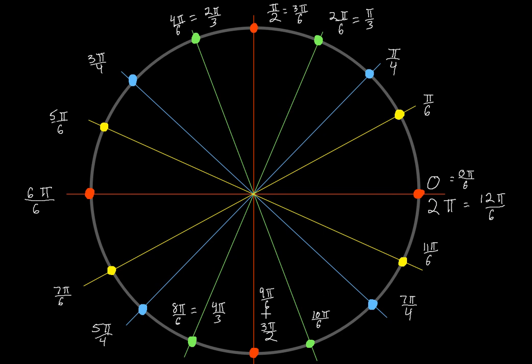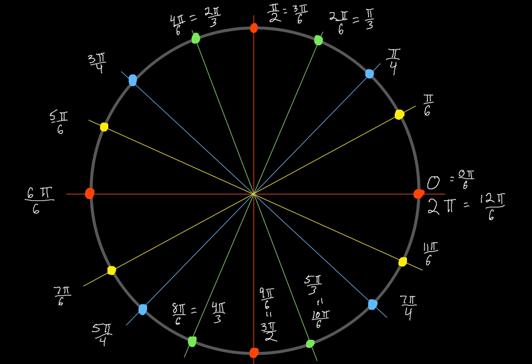Now I look up here, 9 pi over 6 does reduce down into 3 pi over 2, so I know I didn't make a mistake in here. 10 pi over 6 does reduce down into 5 pi over 3. 11 pi over 6 doesn't, and 12 pi over 6 does reduce into 2 pi.